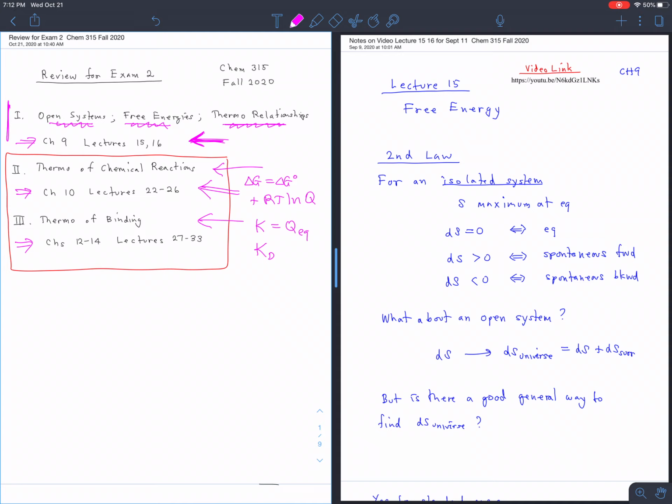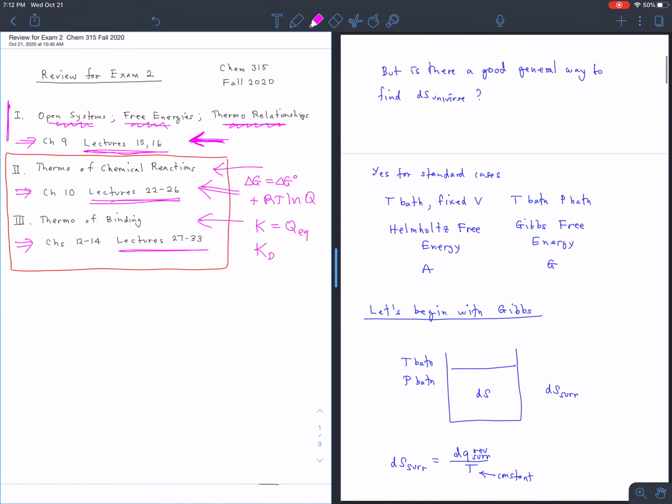I put here also the lectures that go with each of these subjects, so if you want to study them in terms of these three topics, you can know which lectures to look at. What we're going to do right now is just use these lectures to go over briefly a little overview, a kind of outline really of the major topics.